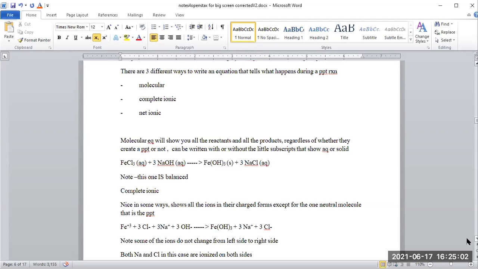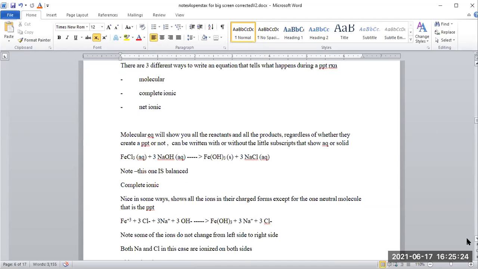And then that also gives me 3 sodiums along the way, to help match up with my 3 chlorides from that first molecule. So I wrote it and I balanced it, and this is the end result.